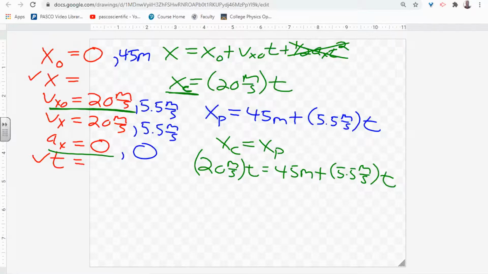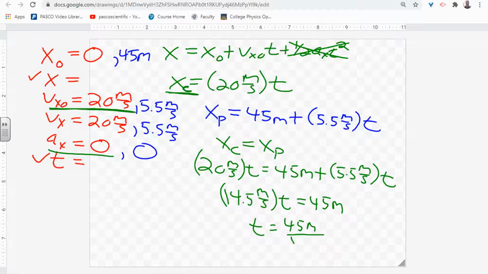So I subtract 5.5 t, and I'm going to get 14.5 meters per second times t is equal to 45. And then divide both sides by 14.5. So t is going to be 45 meters divided by 14.5 meters per second.